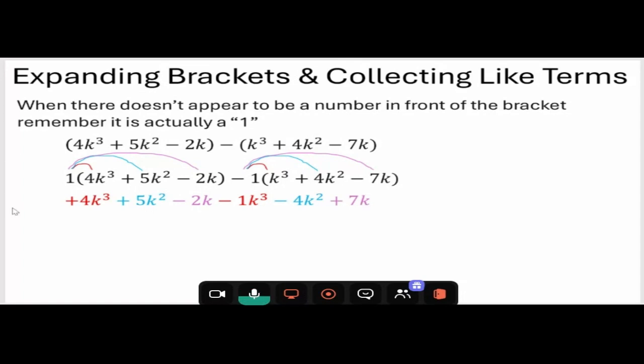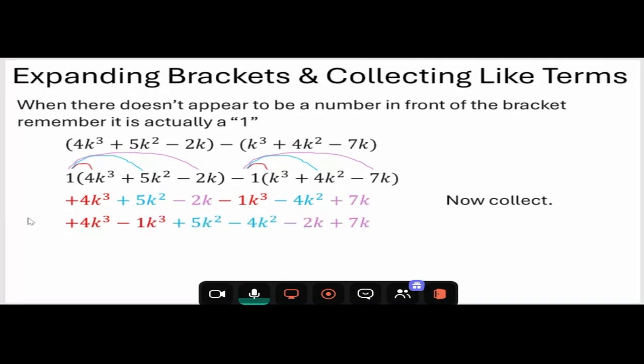You can see that keeping this 1 here is handy for a second reason, because we're about to collect like terms, which means I'm going to put all the red k cubes together, the blue k squareds together, and the purple k's together, like so. Just move the pieces around.